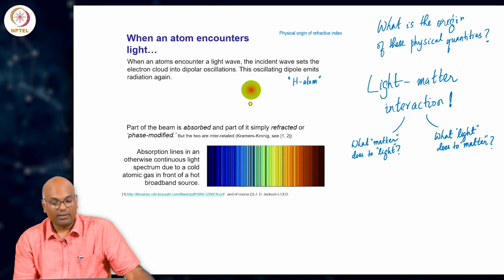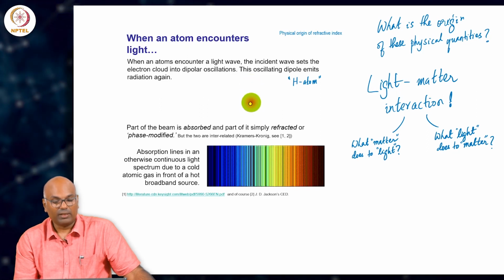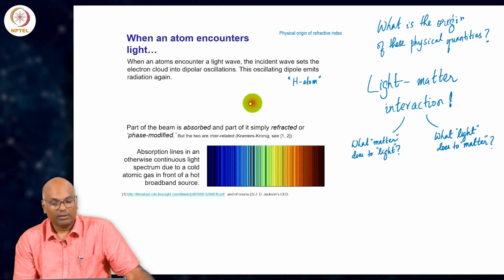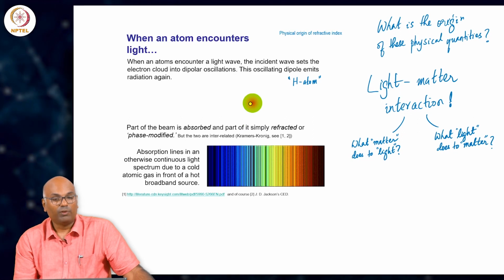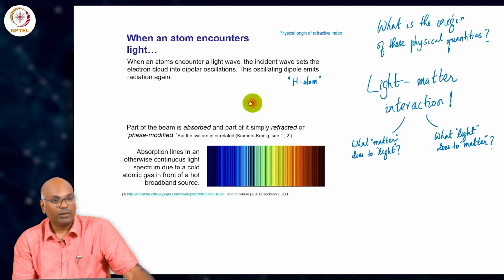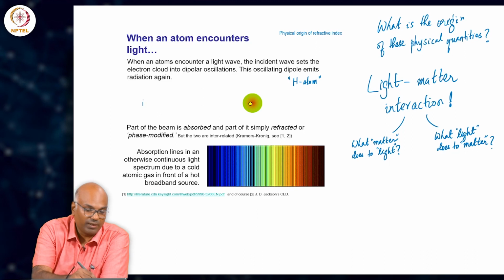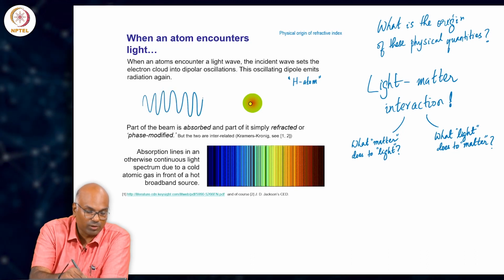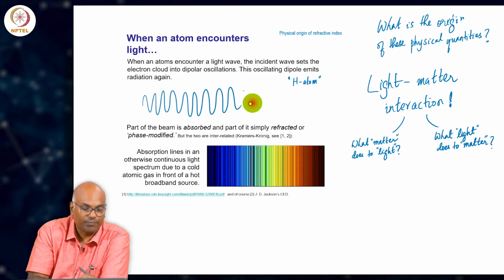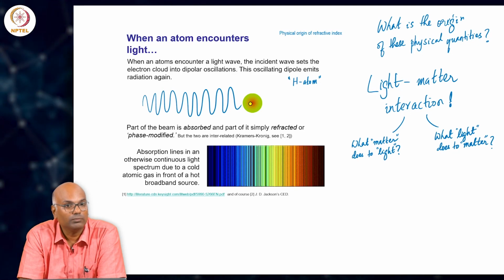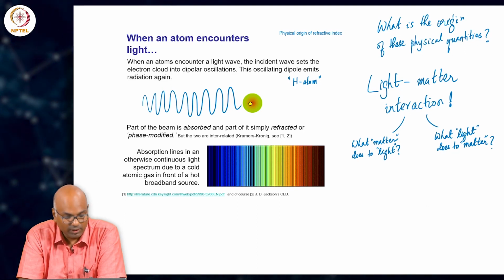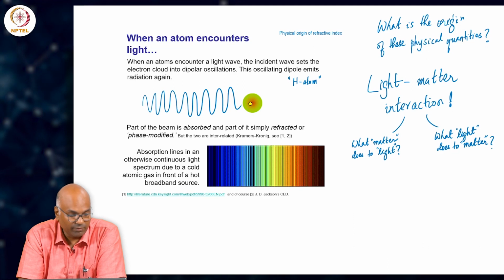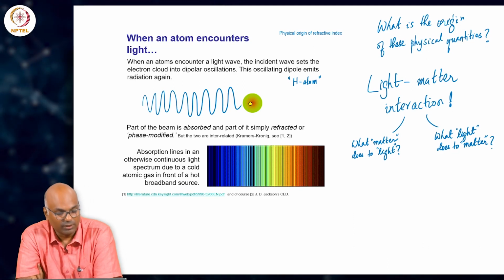So, the light interacts with matter, and while the interaction is still taking place, the electron cloud performs oscillations, because the electromagnetic wave that was incident had an oscillating electric field. So, very simple notion. We will write down even some math for it, but this is the underlying concept.